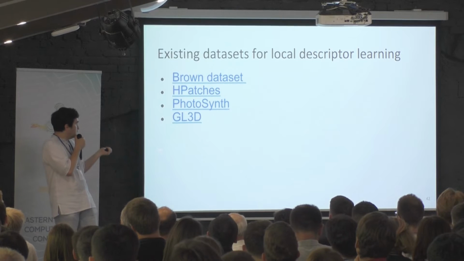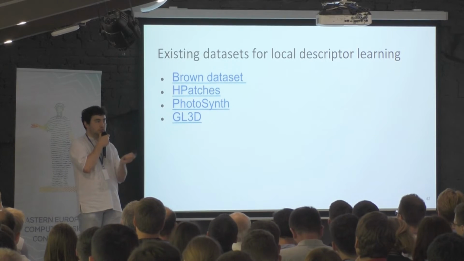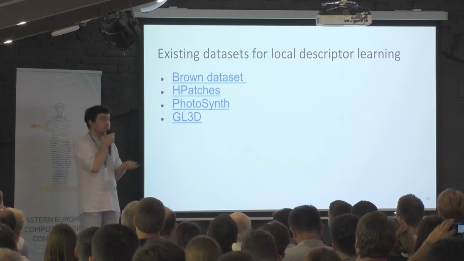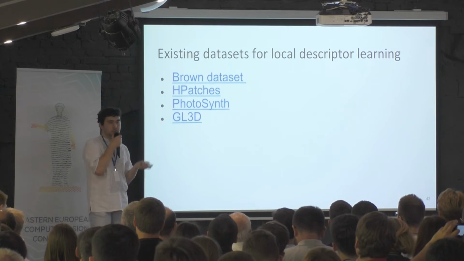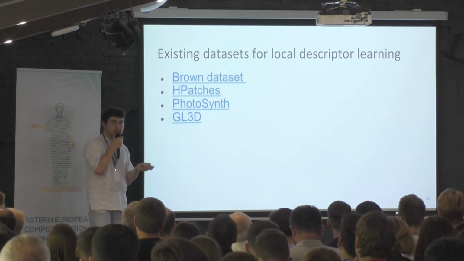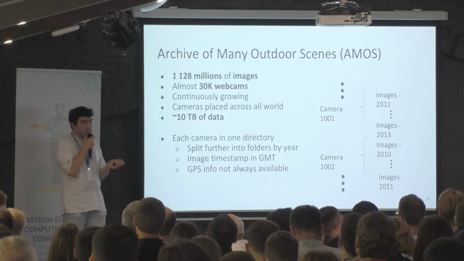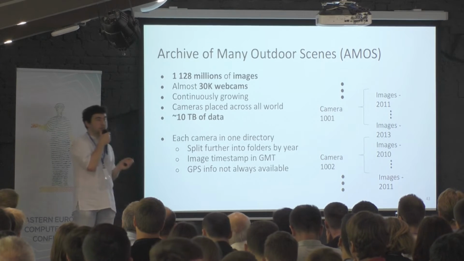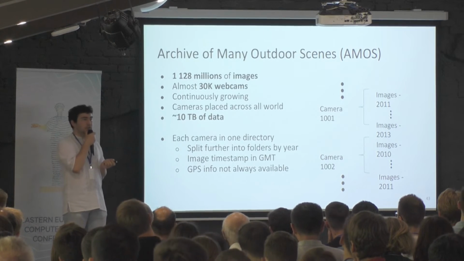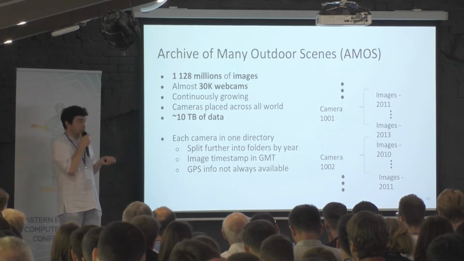But the problem with most of them is that they usually have a huge viewpoint change for training, but not that much illumination change. If you want to match day versus evening or night, there's not much data. So we picked the AMOS dataset, which is terribly huge, about 10 terabytes.